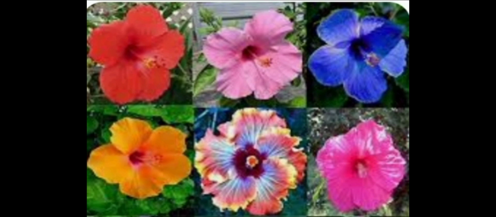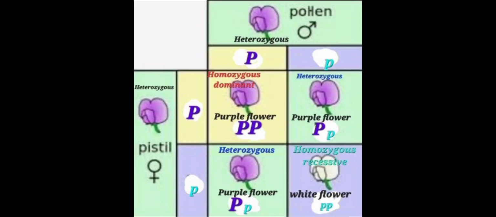Genotype is the set of genes present on the chromosomes of an organism. That is not easy for us to observe from an external agency, but yes, it is possible to predict it. On the screen, you see some purple or white flowers. These are its phenotype.